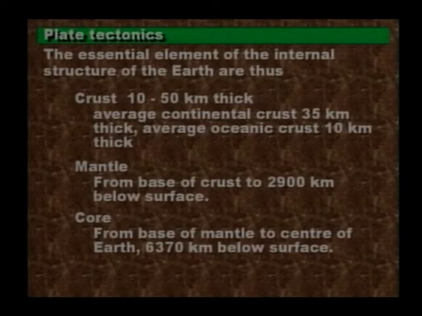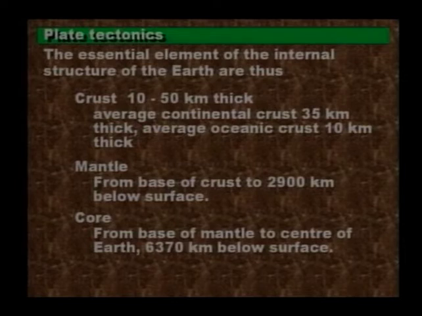The information that we have looked at already on the essential elements of the internal structure of the Earth: the crust, which is about 10 to 50 kilometers in thickness, averaging about 35 kilometers thick for continental crust and about 10 kilometers thick for oceanic crust.